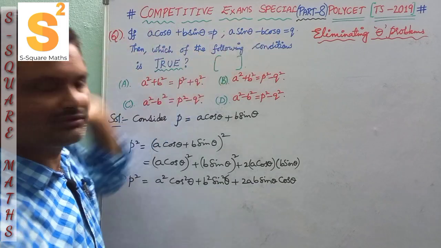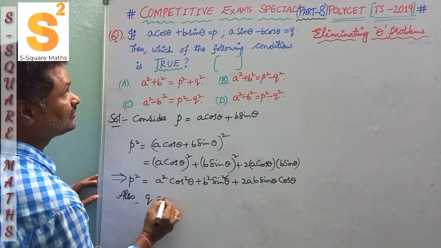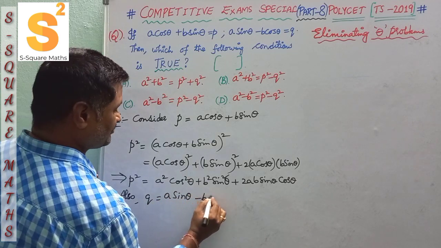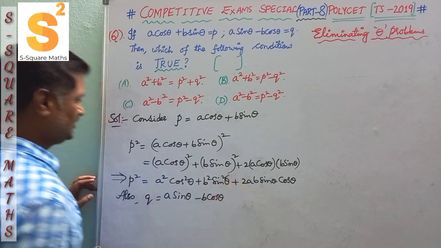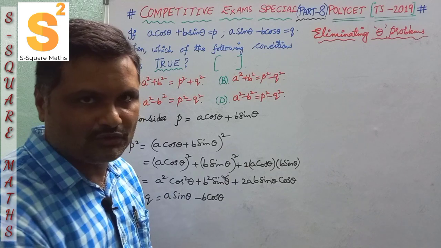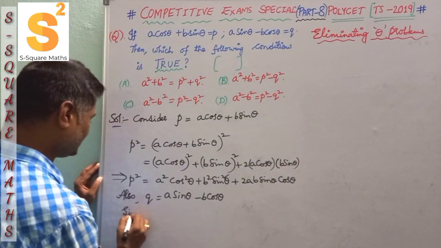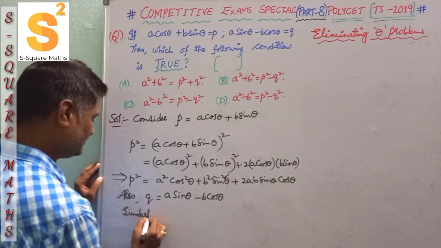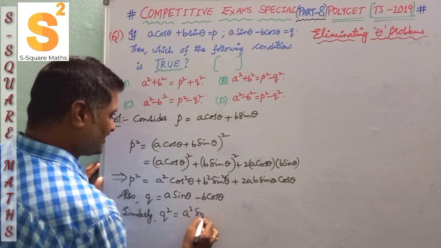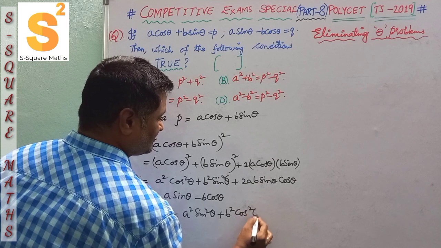Next, Q is equal to A sin theta minus B cos theta. Similarly, squaring on both sides we can generalize what we are going to get. Let us write directly. Similarly, Q square is equal to A square sin square theta plus B square cos square theta.